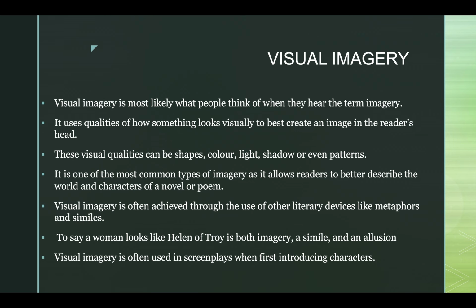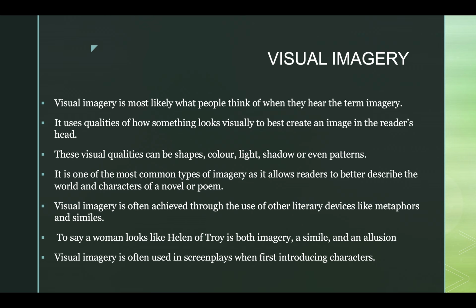So we get visual imagery being achieved, as I said before, when we use some of those other literary devices like our similes and our metaphors. We have a quick example, to say somebody looks like Helen of Troy. Helen of Troy is one of those characters from the mythology series, whether it be Greek or Roman mythology, I forget which.